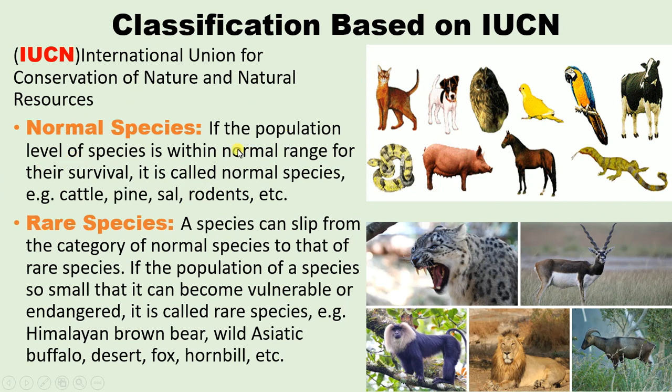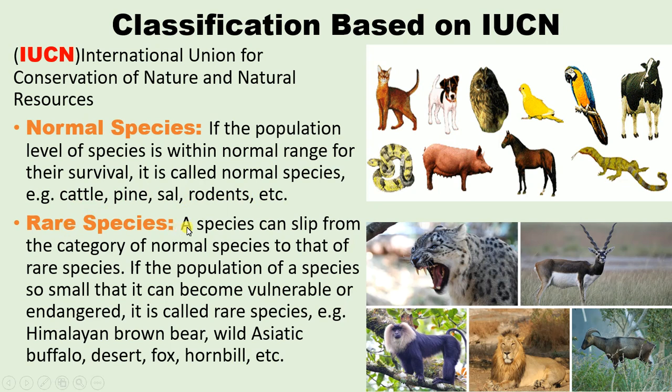If the population level of a species is within the normal range for their survival, meaning their number is enough for their existence, so that they can reproduce and continue for a long period of time, it is called a normal species. Examples are cattle, pine trees, sal, rodents, such kinds of species of plants and animals.